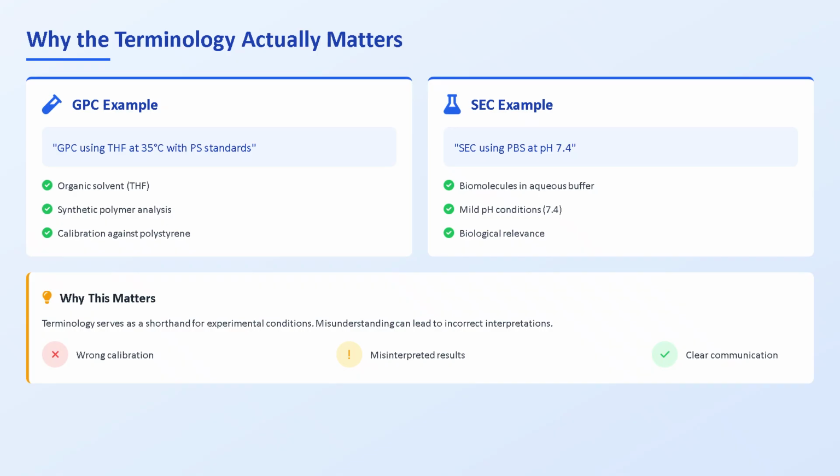But if they say SEC in PBS at pH 7.4, we know it's likely proteins or biomolecules. Using the wrong term could mislead reviewers, confuse collaborators, or even cause errors in method replication.